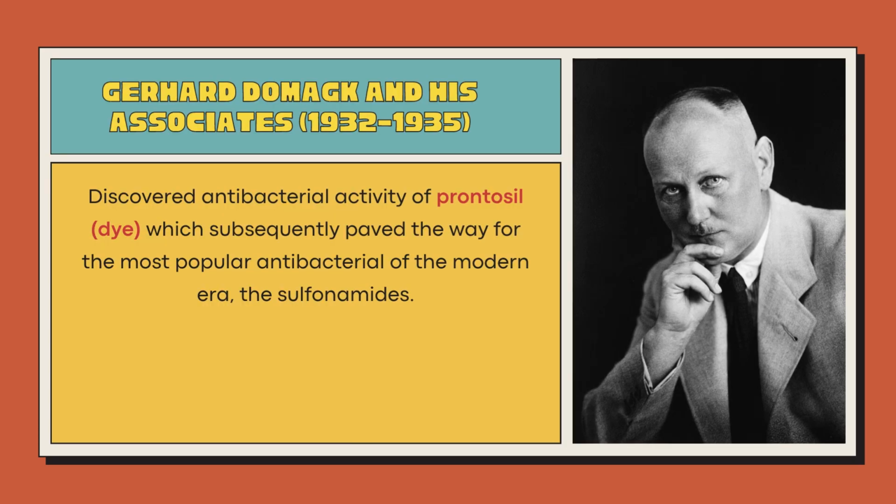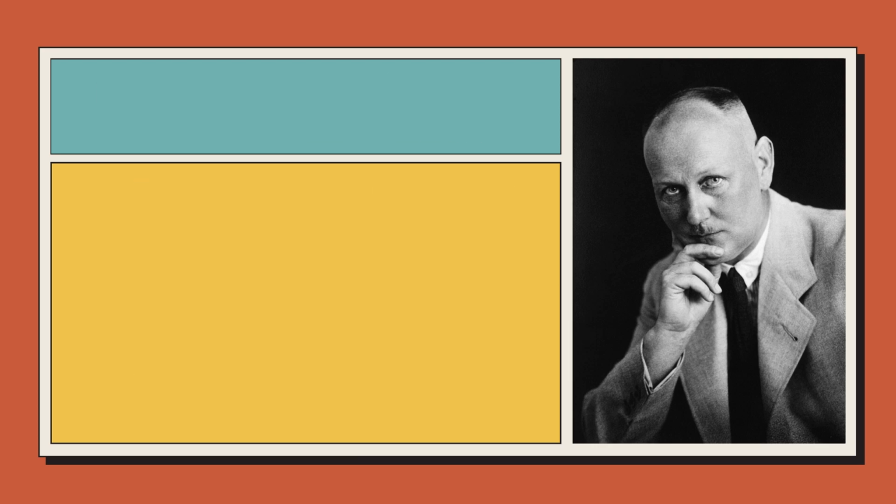Because of the direction led by Paul Ehrlich, another German named Gerhard Domagk and his associates in 1932 to 1935 discovered the antibacterial activity of another dye called prontosil, which subsequently paved the way for the most popular antibacterials of the modern era, the sulfonamides. Domagk was also honored with the Nobel Prize in Medicine in 1938.